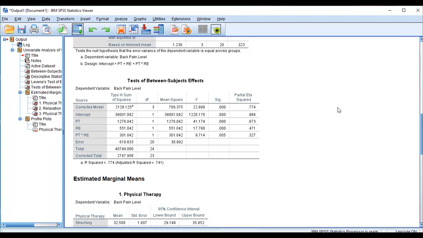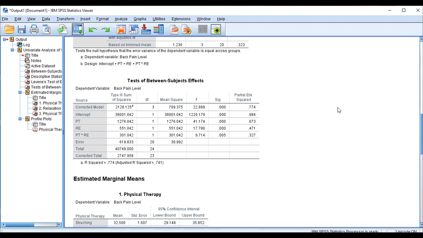Similarly for relaxation exercise, whether you are going for muscle relaxation or guided imaginary, in both cases the differences are significant as far as back pain level of the patient is concerned, and therefore we are accepting the alternate hypothesis. Similarly, the interaction between physical therapy and relaxation exercise and its impact on pain level is significant. And then we are also accepting the alternate hypothesis for hypothesis 3.